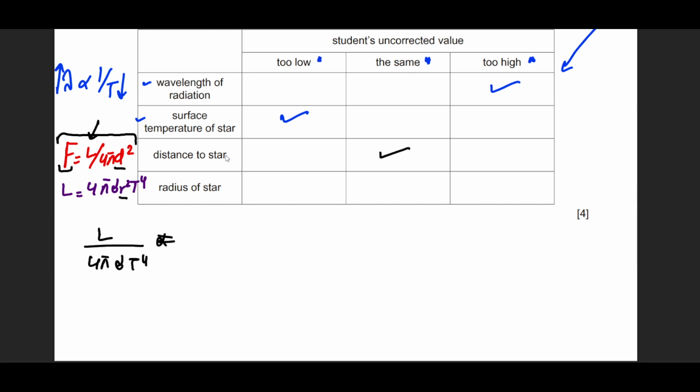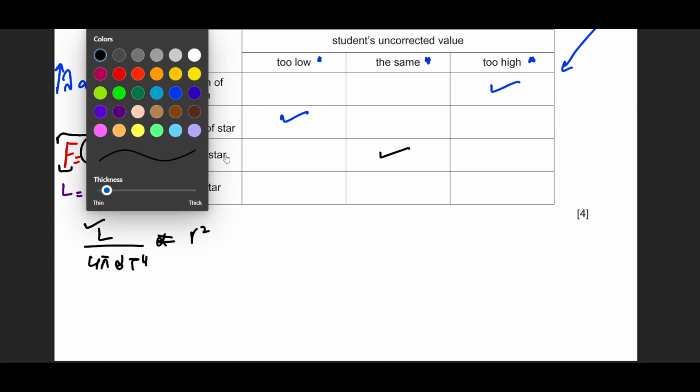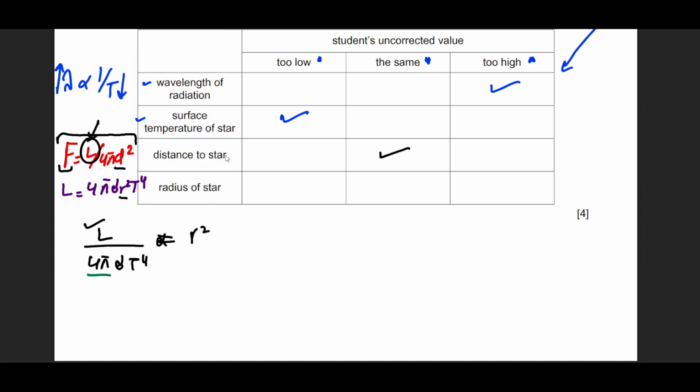Since L is a constant, because this is what we developed our previous answer based on, and 4 pi and sigma are constants, what are we left with? r squared is inversely proportional to T to the power 4. What happened to T? T was too low. If T to the power 4 is too low, then r is going to increase because it is an inverse relation. So this will be too high, right?